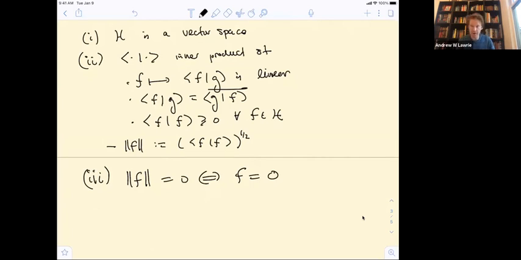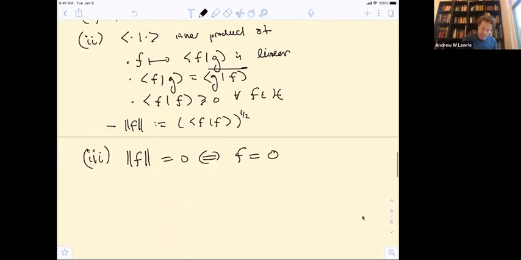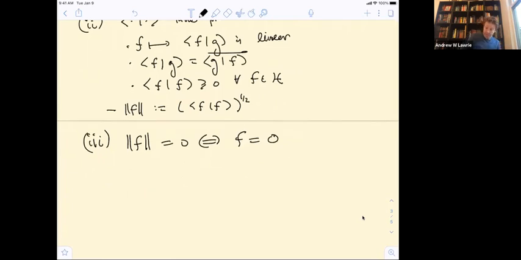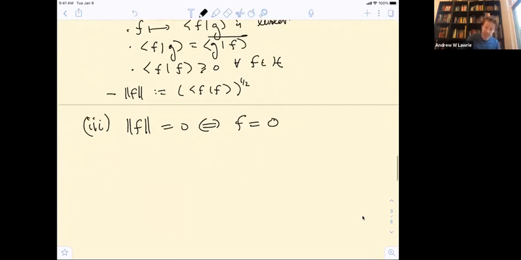For L2, this is not a problem because we're saying the functions are identified if they're equal almost everywhere. So this is true for L2. The Cauchy-Schwarz inequality and triangle inequality hold.